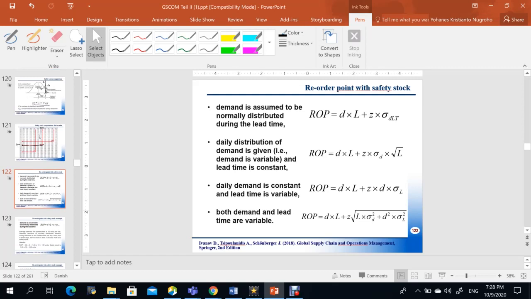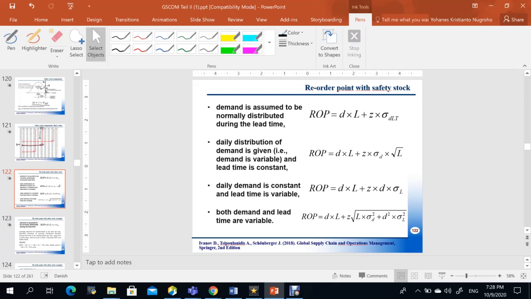Okay, next. Reorder point can be calculated according to different settings of lead times and demands. If the demand is normally distributed at fixed lead times, then the first equation can be applied. Otherwise, if the daily distribution of demand is given, in a case of demand as a variable and the lead time is fixed, then the second formulation can be used.